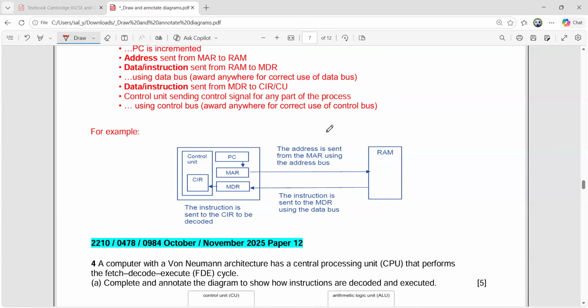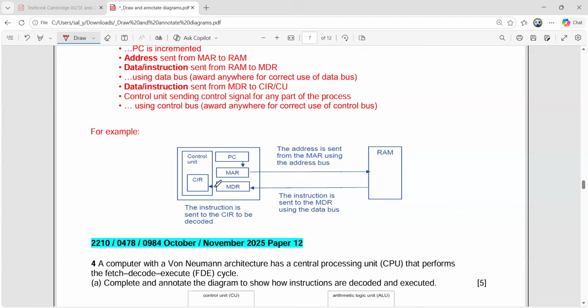And this is what you simply wrote in simple English: address sent from MAR to RAM using the address bus. That's perfectly okay. And then after that, you can say the instruction or the data is sent back from RAM to the MDR using the data bus. That will give you another point. And then the right arrow: direction of the arrow is from RAM to MDR.